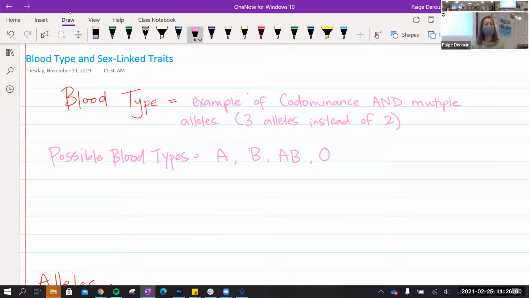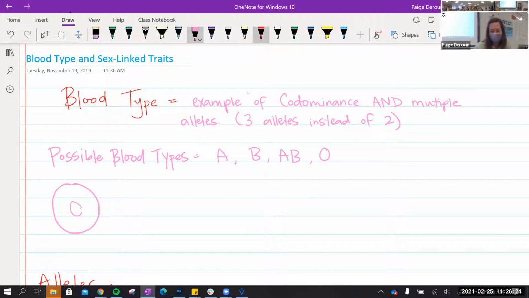And the reason that they are what they are is there are special proteins on your red blood cells that act as signals to the rest of your body to say, this blood belongs here. So for example, if you have type A blood, then on your, I'm just going to draw a little red blood cell, even though it's pink. This is a red blood cell. They're little donuts without a hole all the way through.